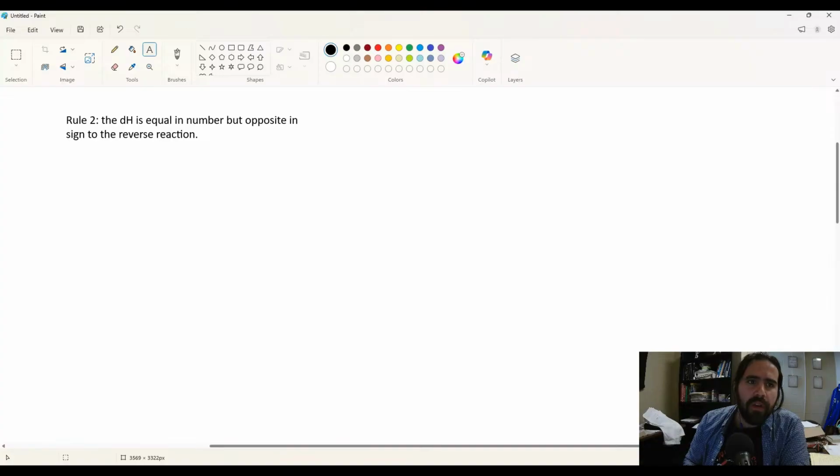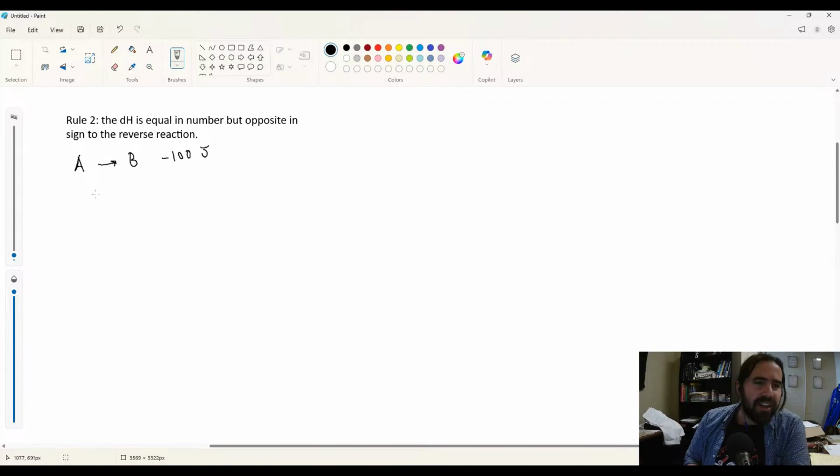I think this one also is pretty intuitive if you just explain it a little bit, right? Let's say that I have a reaction that goes from A to B. Let's say I'm going to make up a number here. Let's say this releases 100 joules of energy.